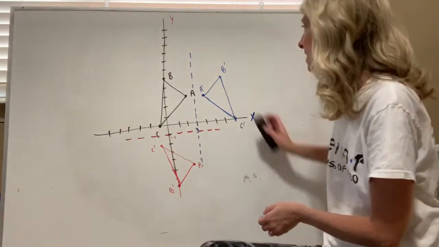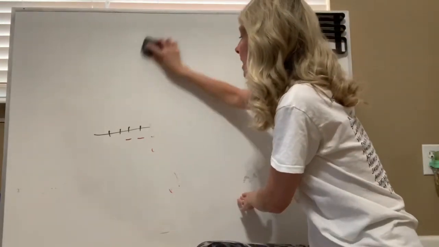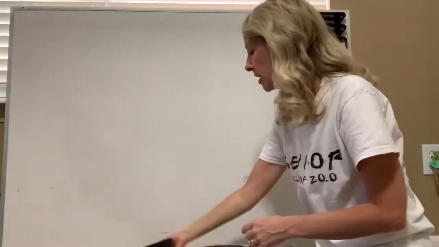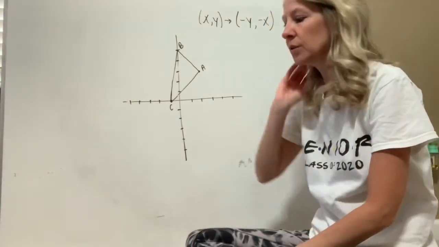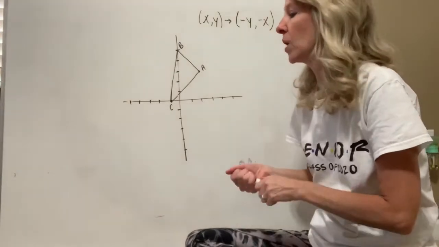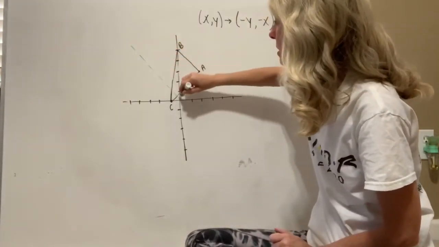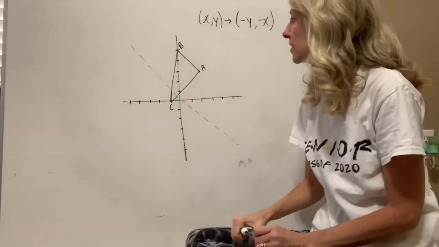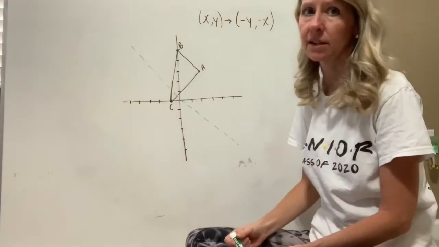And then for the last one, when it says to reflect on y equals negative x, again, we have rules for that at the top. Okay, so on the last one, when you are reflecting on y equals negative x, what you're going to find is that y equals negative x is this line that's going diagonally down because the slope is negative 1.